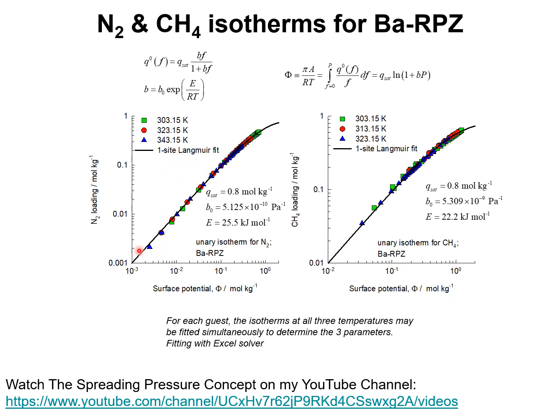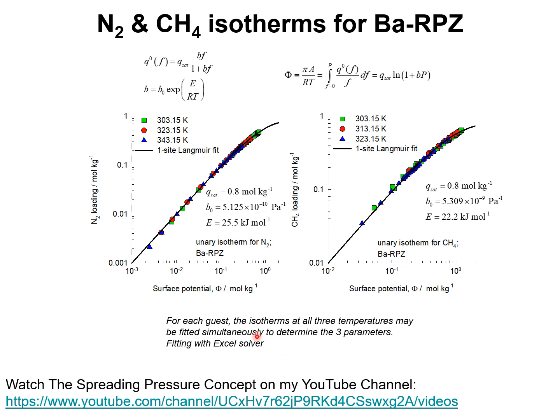The data at the 3 different temperatures are plotted here, in which the molar loadings are plotted against the surface potential, and the surface potential is a proxy for the spreading pressure, and the expression for the spreading pressure is shown here. If people are interested in the background to the concept of the spreading pressure, watch my YouTube video on the web.